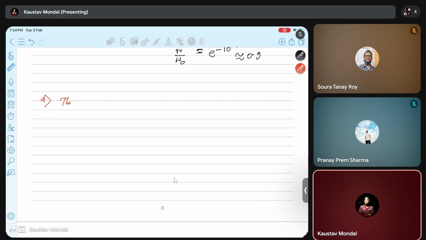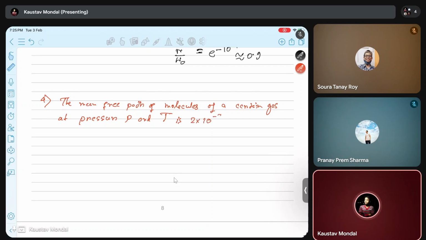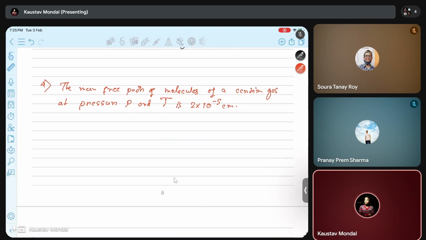The mean free path of molecules of a certain gas at pressure P and temperature T is 2 into 10 to the power minus 5 centimeters. So the mean free path of the particular molecules of a certain gas is mentioned.